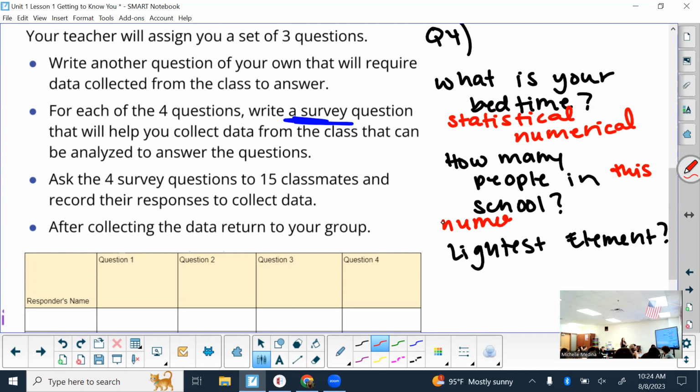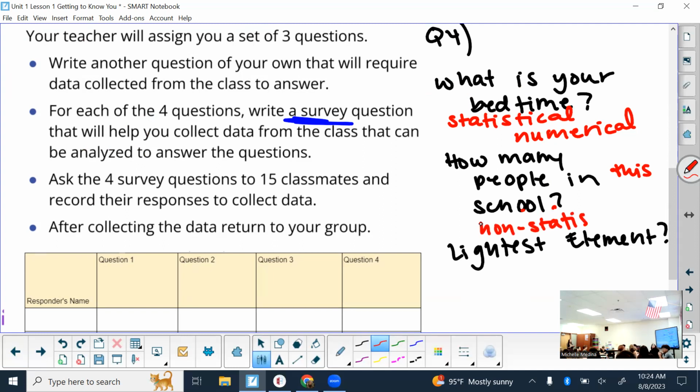Is it a statistical question or is it non-statistical? Is there a range of answers that could be right, or is there only one possible answer that is right? Yes? So then this one is non-statistical. It does give a number, but it's a non-statistical question.